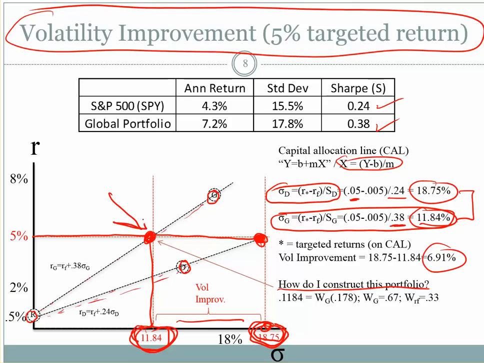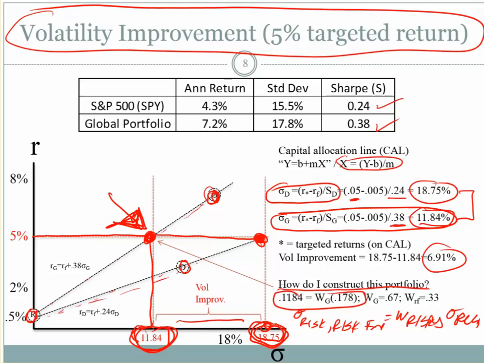So if I want to be at this point right here, and I had $100 to spend, I can compute the exact amount that will be in G and risk-free using our equation that the standard deviation of a risky and risk-free portfolio, or our one that combines those two, will be the weight in the risky times the standard deviation of the risky.